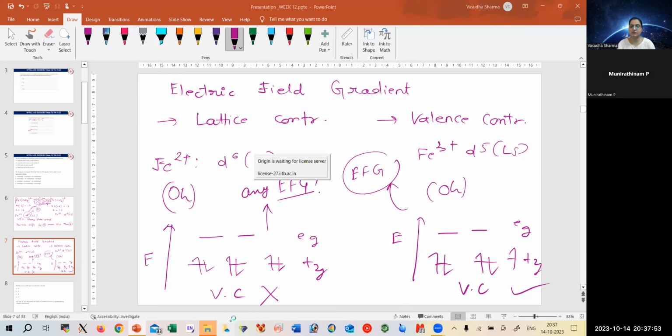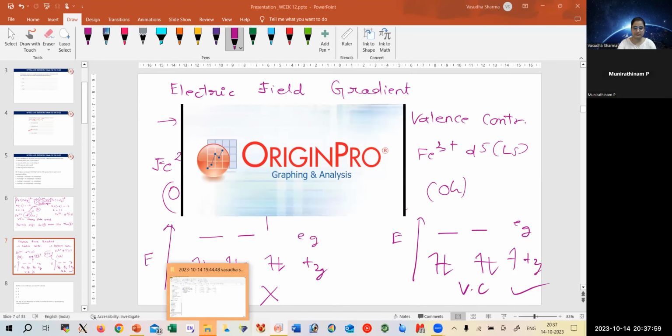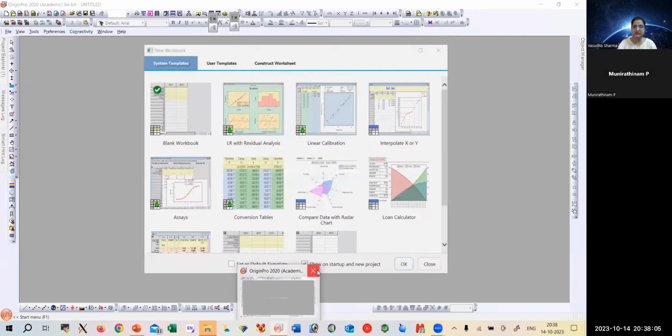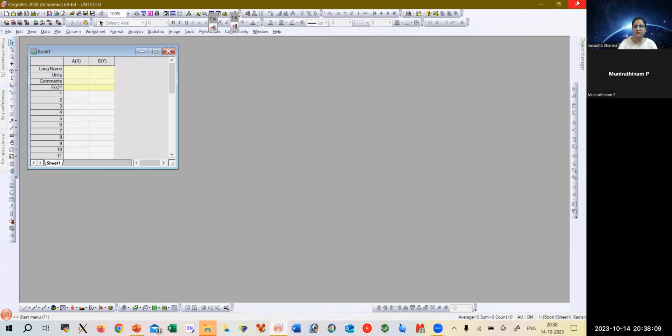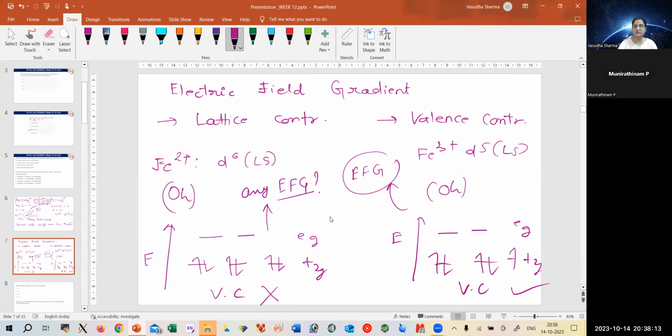What about the lattice contribution? Lattice contribution also 0. Why? Same type of ligands. And is there anything else that we see in lattice contribution? Jahn-Teller distortion. So is the Jahn-Teller distortion there?